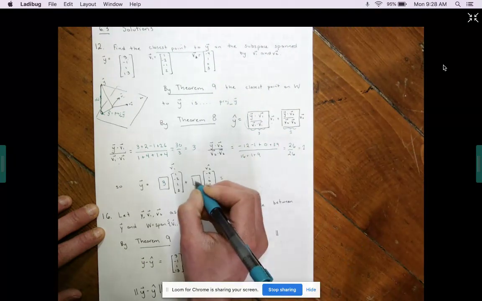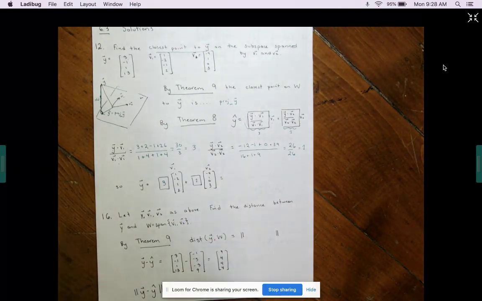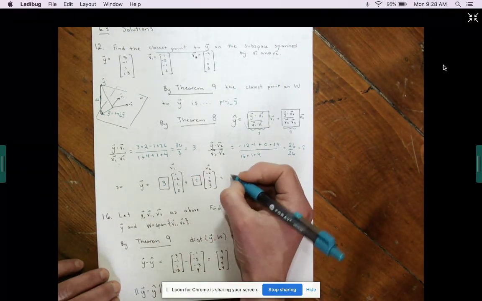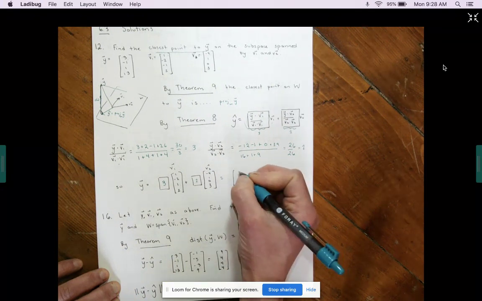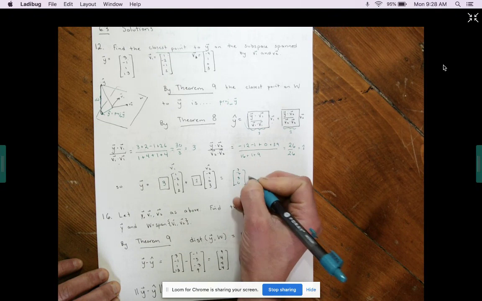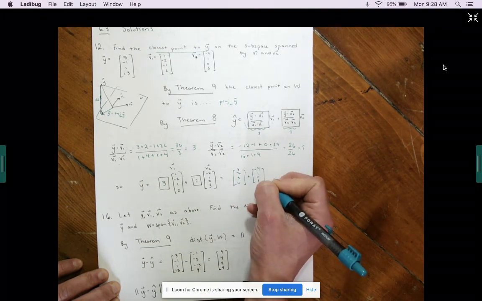That part was 3. So to find the orthogonal projection, now I need to actually find this vector. Right now it's just written as a linear combination. So I'll have 3, negative 6, 3, 6, plus negative 4, 1, 0, 3.